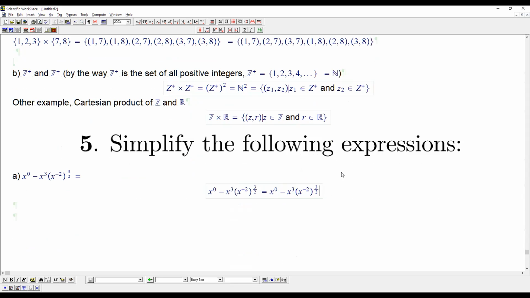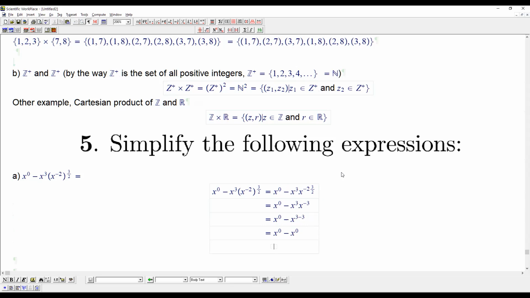So you can just multiply inside. Then this is just a fraction, so I can simplify the 2 and I get 3 minus 3. That gives me x to the 3 times x to the minus 3. Since it's the same base, I can rewrite it as x to the 3 minus 3. So it gives me x to the 0.